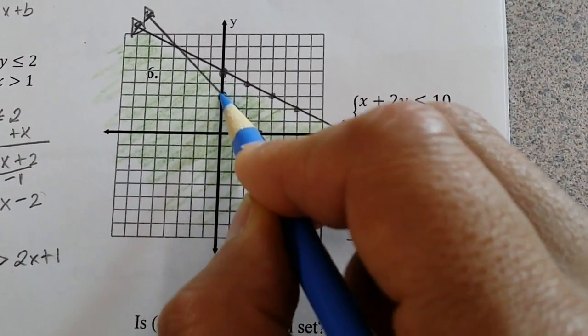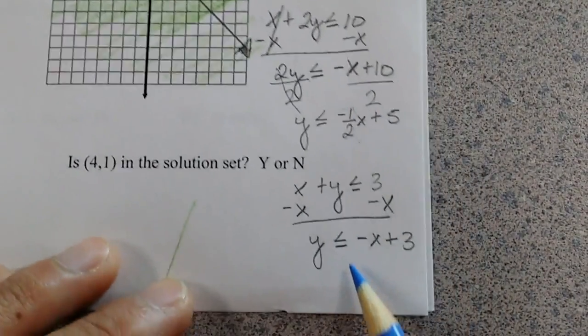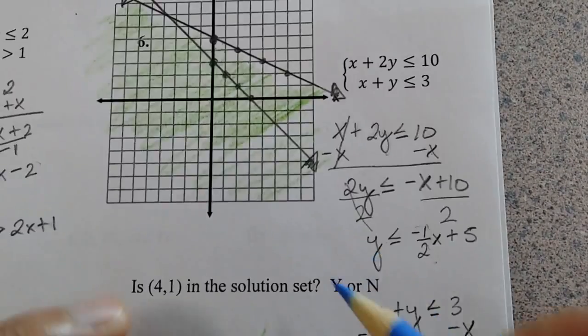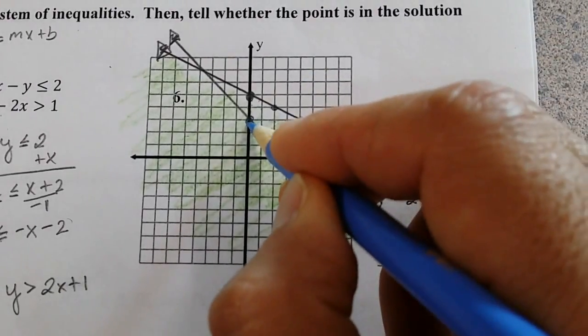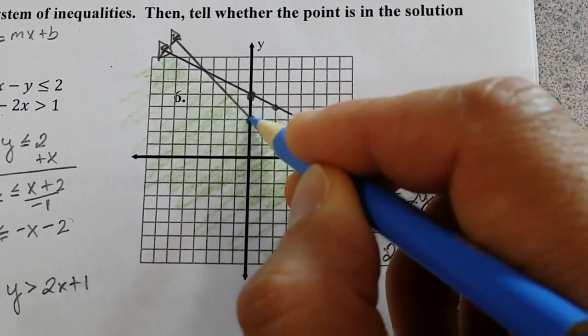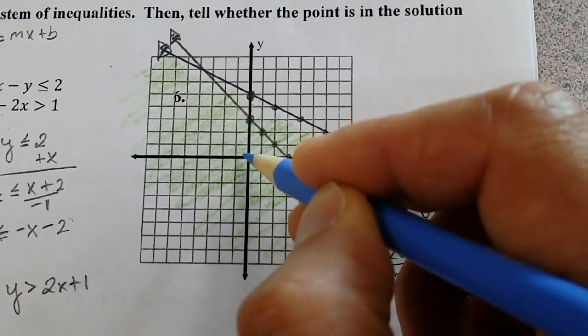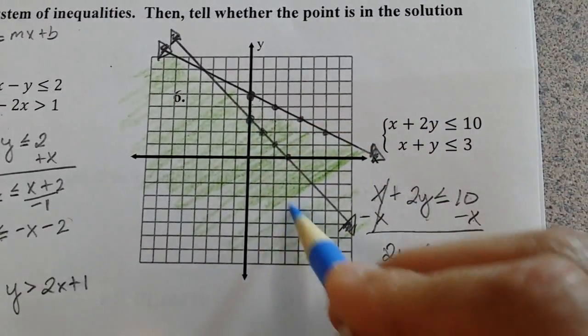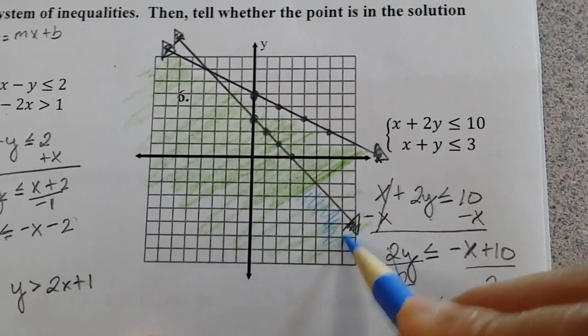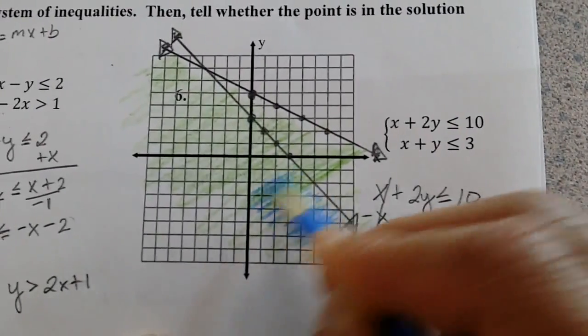And they say y is less than or equal to. So from here, less than 3 is 2, 1, 0, negative. So it's going down this way. So I'll shade to the left of this line.